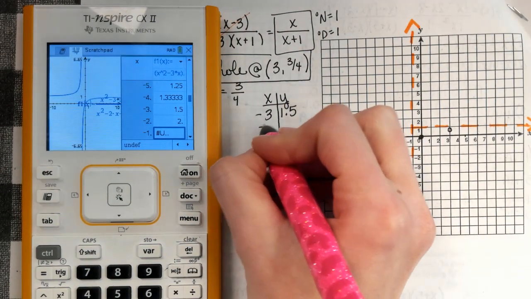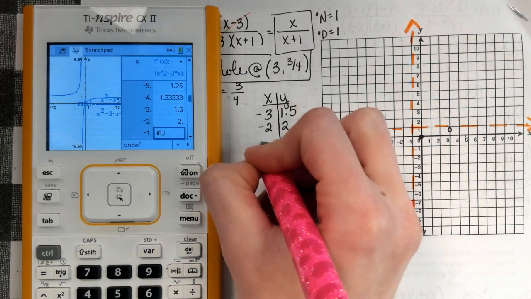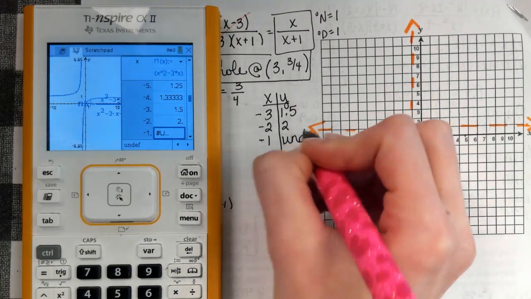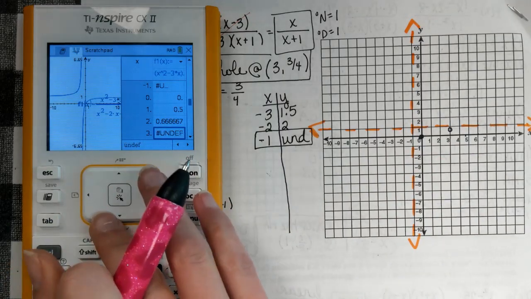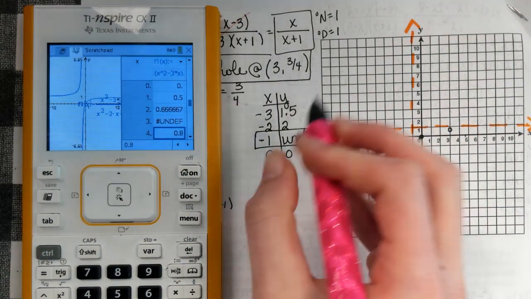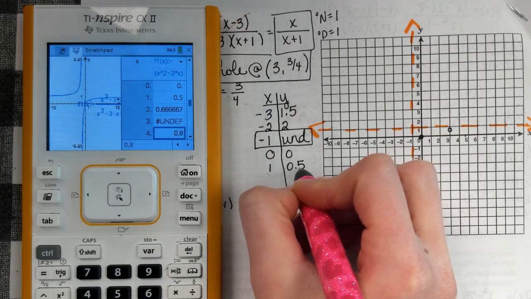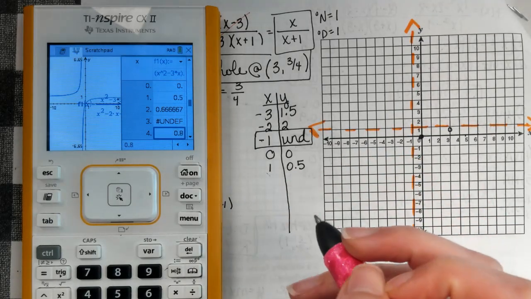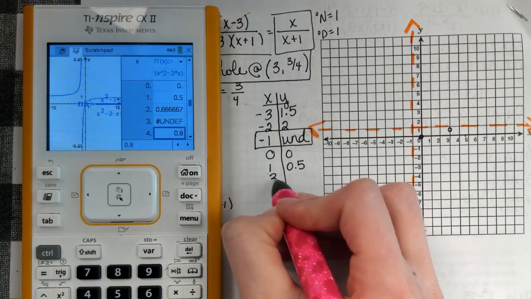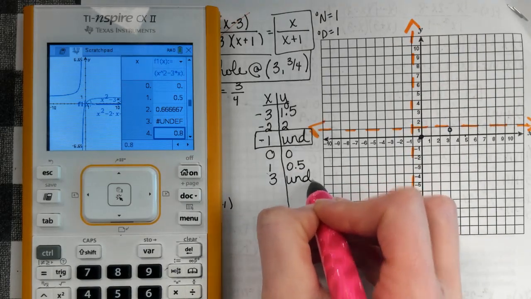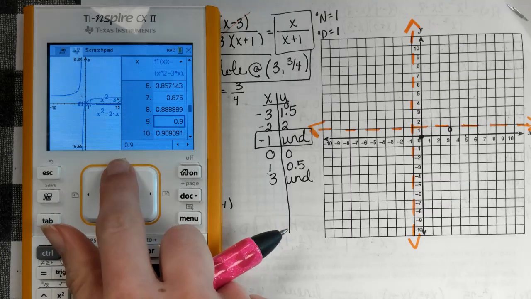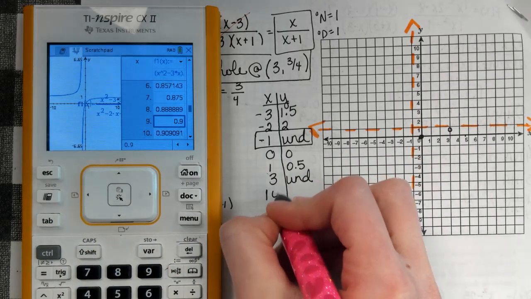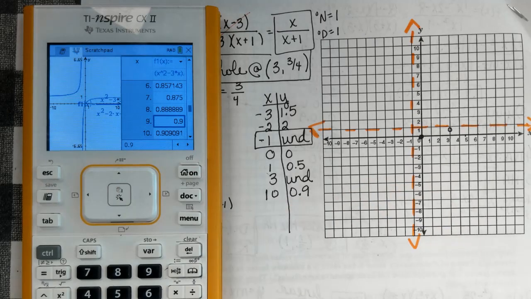Then I get -2, 2. And at -1, we know it's undefined. Then I've got my 0, 0, 1, 0.5. That 3, we know, has a hole, so it's undefined. Then we just keep getting to 0.8 to 0.9. So if you want to just go all the way to 10, 0.9, that's fine.